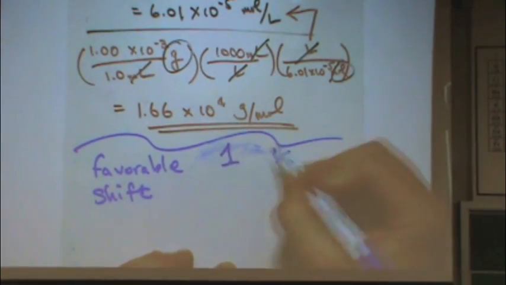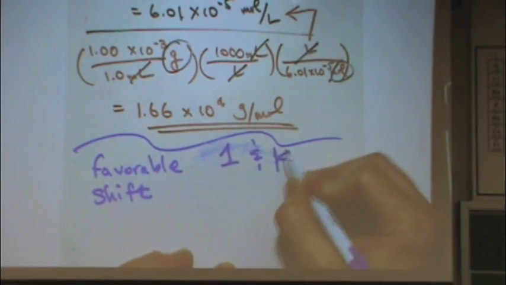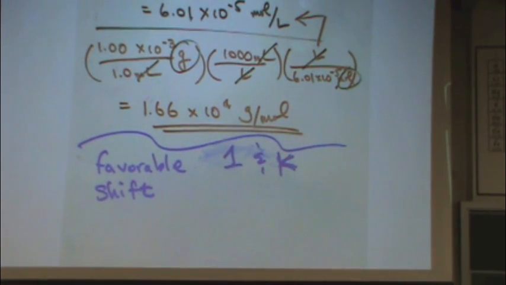So K compared to the number 1 tells you if it's favorable. Favorable tells you which side equilibrium sits on. So are the reactants favored? That means there's more reactants at equilibrium, or products favored. So if K is bigger than 1, what's favored? Products, and if K is smaller than 1, then it's reactants.